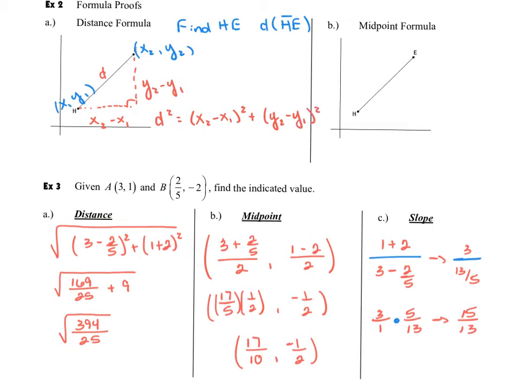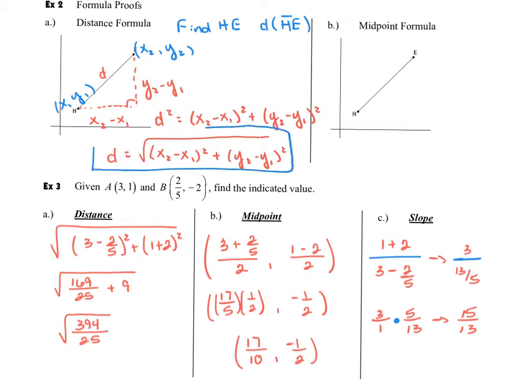So then, of course, the distance would simply be the square root of that entire expression: the square root of x sub 2 minus x sub 1 squared plus y sub 2 minus y sub 1 squared. So that would be our distance formula. The big idea here is really just to remember and connect that the distance formula is simply the Pythagorean theorem.